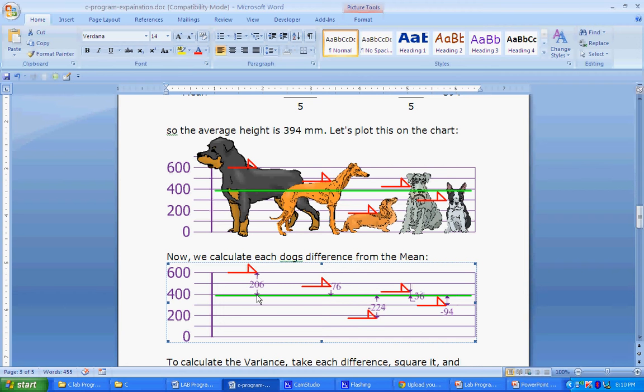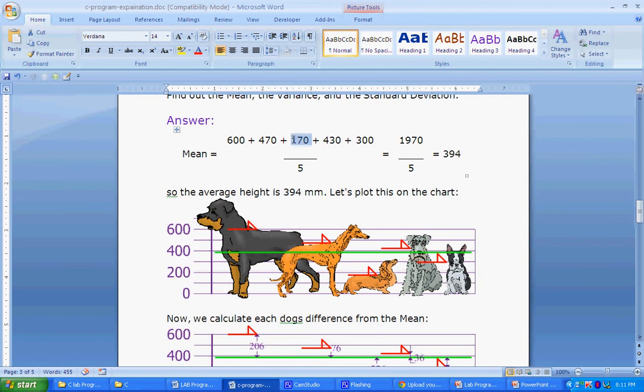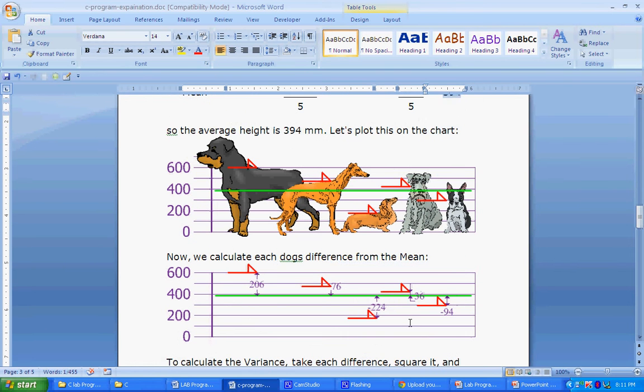In the first case, it was 600 minus 394, and I got the value 206. But in this case, it is 170 minus 394, and I get the negative value minus 224.